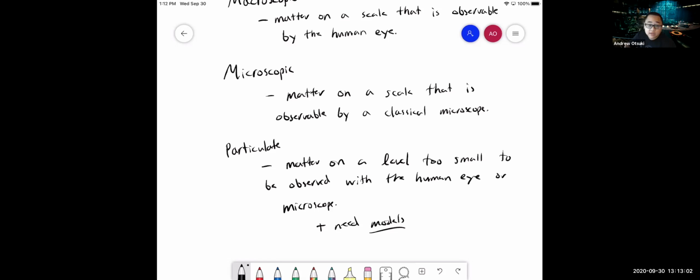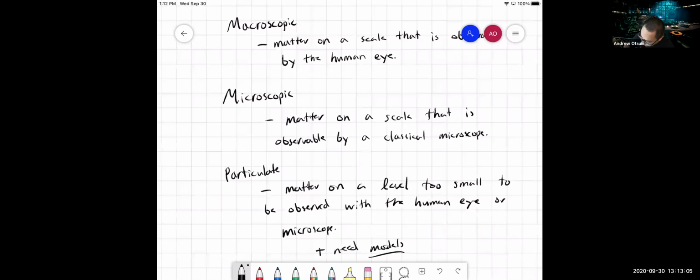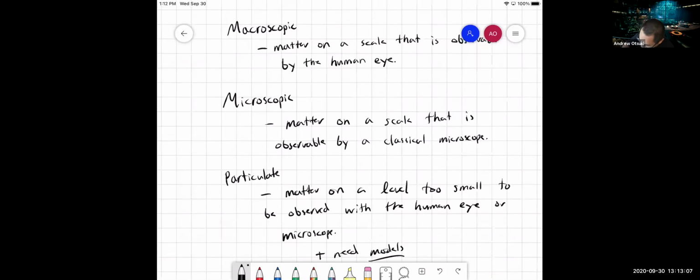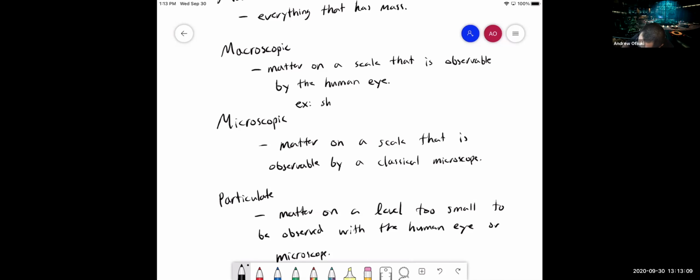So examples here are, say, a sheet of paper, or something like a ring, like a wedding ring. Microscopic, like I said, some examples were plant cell, animal cell, or a bacterial cell.